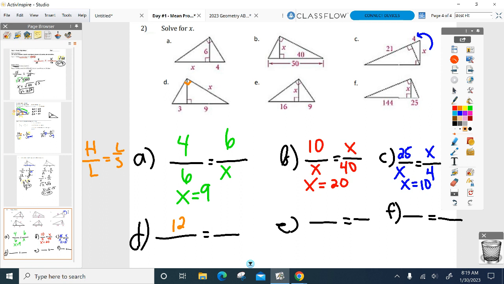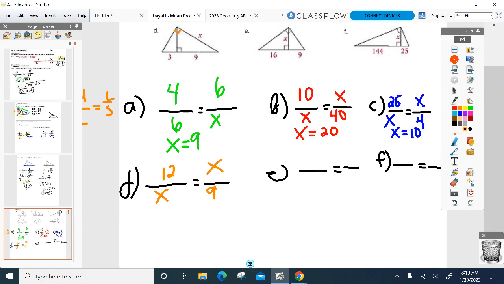What does the L stand for? The leg. And there's only one leg of the big right triangle that's labeled: x. Legs stay the same. And now S for the segment next to the leg we're using. 9. I want to use 9 instead of 3. This should have been the only one, everyone, where you had to break down a radical.